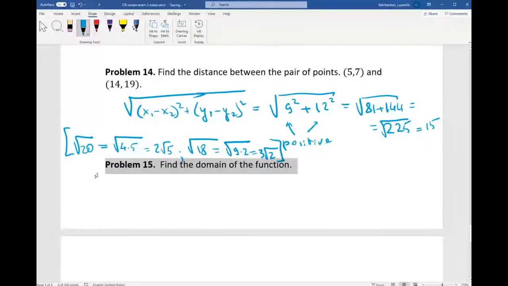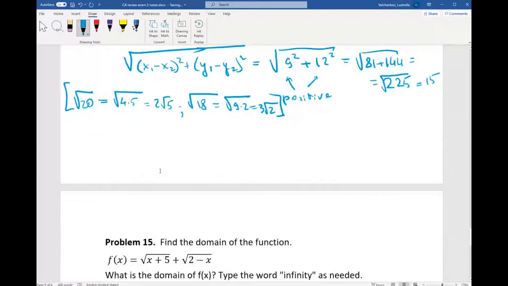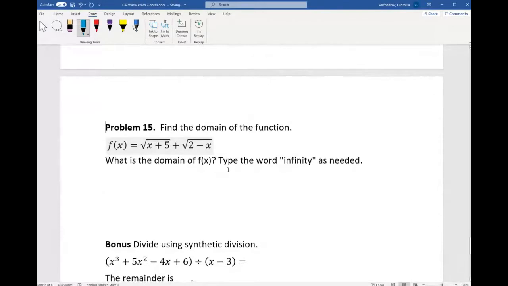Find the domain of the following function: square root of x plus 5 plus square root of 2 minus x. Okay, we have two square roots.